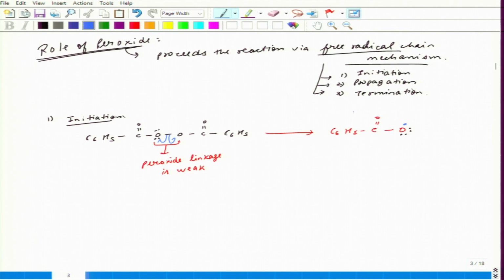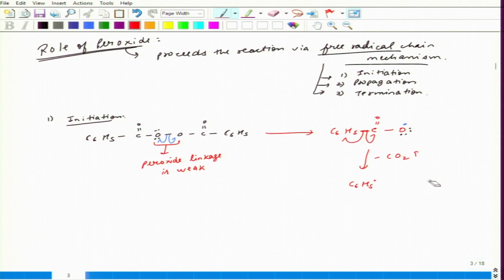Now, this radical on the oxygen is not very stable, so it wants to get removed from the molecule. To get stabilized, this CC bond breaks and gives us CO2. CO2 gas is released and gives us a C6H5 radical, the phenyl radical.